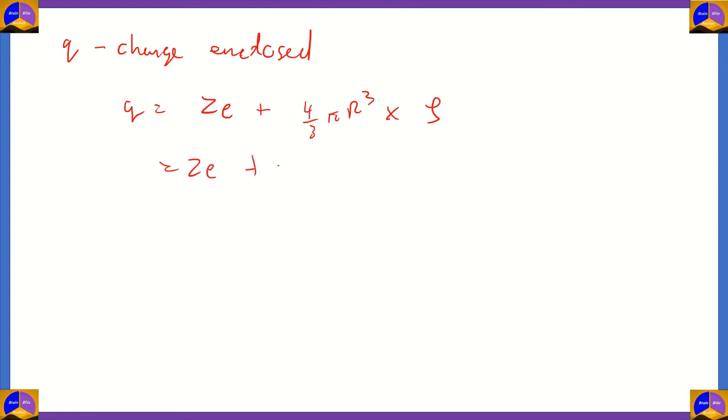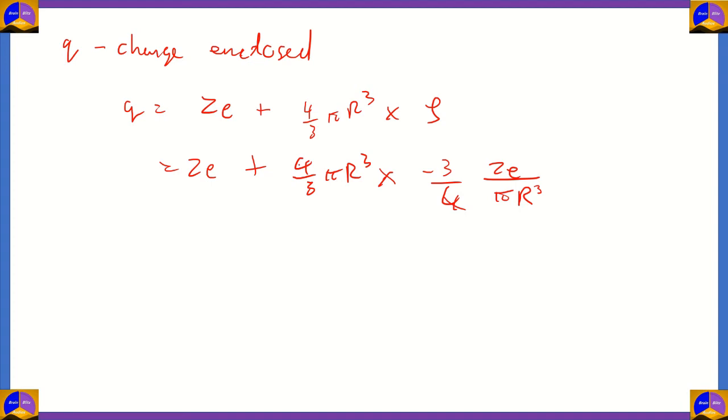So that is Ze plus 4 by 3 pi r cubed times rho, which in this case is minus 3 by 4 times Ze divided by pi times capital R cubed.